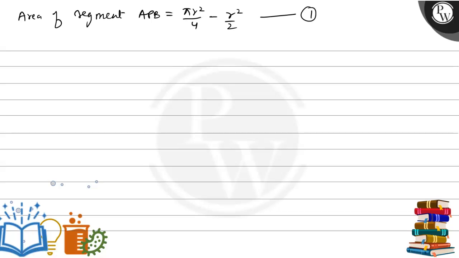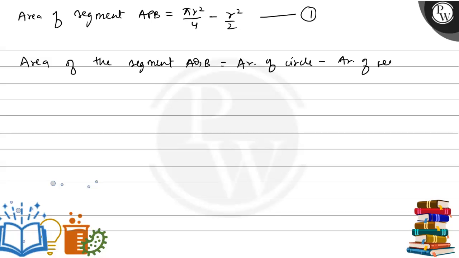Now moving further, to calculate the area of the segment AQB, the major segment, if we find the area of the total circle and subtract the minor segment's area from it, we get the area of the major segment. So I am writing here the area of the circle minus the area of segment APB, right? The area of the circle is simply pi r square, and the area of segment APB we just found: it is pi r square divided by 4 minus r square by 2.